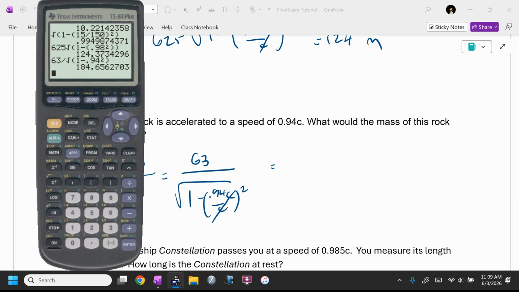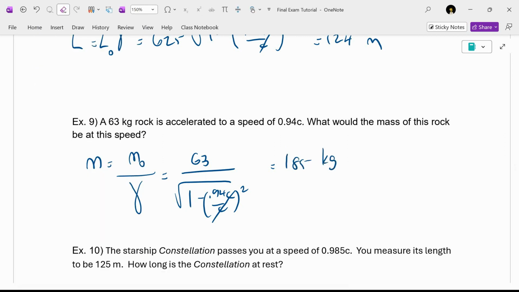What I would feel maybe comfortable doing only once is having 184 as an answer to pick from, because you know how much it drives me crazy when you round off sloppy. I wouldn't do that on every question, but I would feel comfortable somewhere on your exam, especially if I notice it's like a 0.5 or a 0.6 after the decimal. Anyways, this is going to be 185 kilograms.